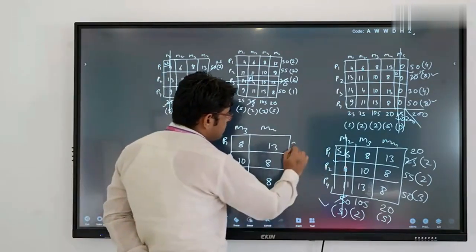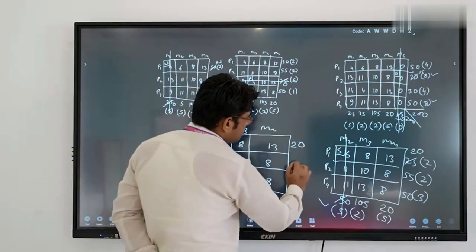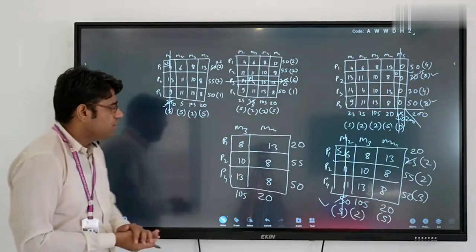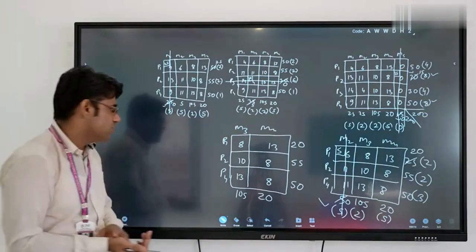Here supply is 20, 55 and 50. Now we again find the penalties of each row and each column.